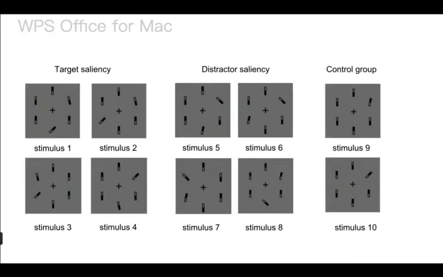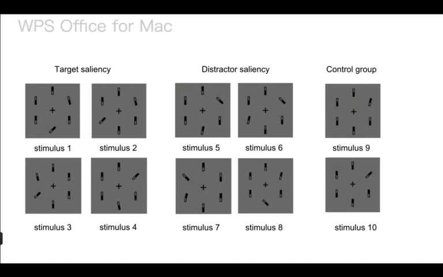Therefore, the purpose of this experiment is to explore whether the capture of attention is carried out according to the level of significance. Referring to previous studies, we adopt the deflection angle of black and gray bars as the stimulus presentation mode.